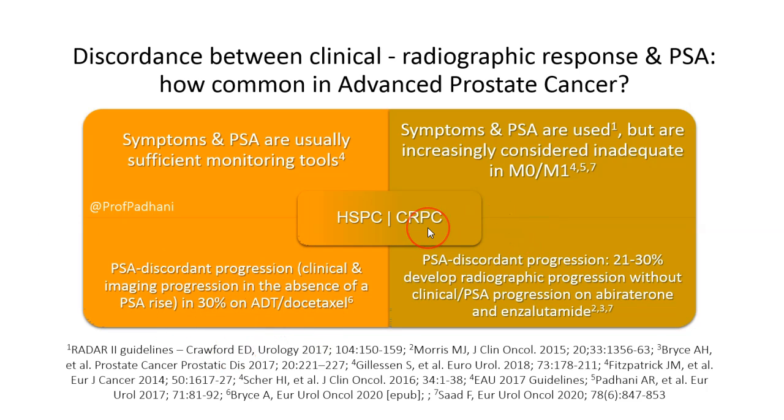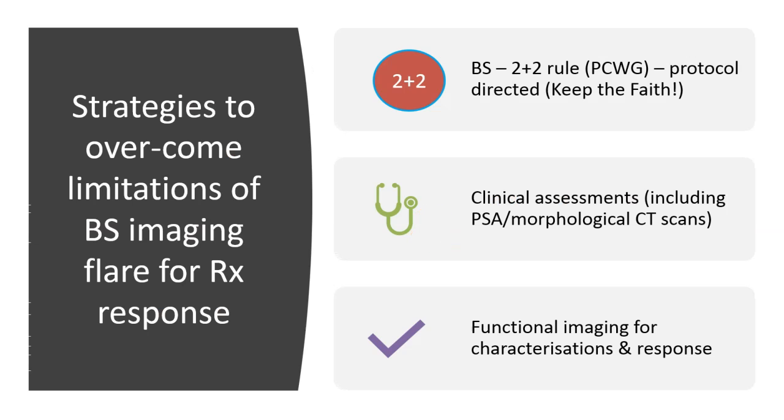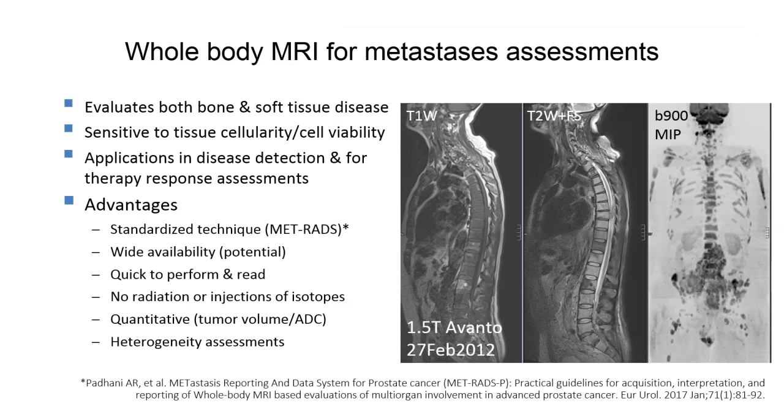And in castration-resistant prostate cancer, we again see that there is a discordance between radiographic progression and clinical PSA progression. And it's in this context that we need to think about functional imaging, not only for characterization, as we've just discussed, but also for response assessment settings.